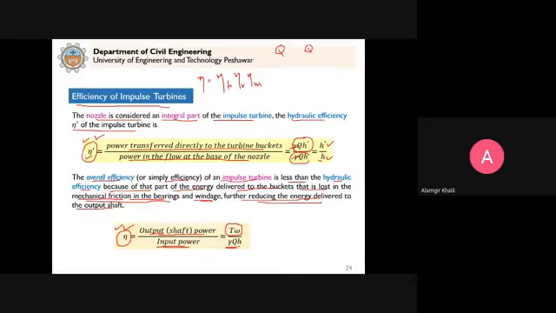We can define the hydraulic efficiency, the volumetric efficiency, the mechanical efficiency, and the overall efficiency for turbines, and also for pumps. But now in the 10th edition, they no longer go into this much detail. So we just stick to overall efficiency for pumps and overall efficiency for turbines, which is the final output divided by the initial input.